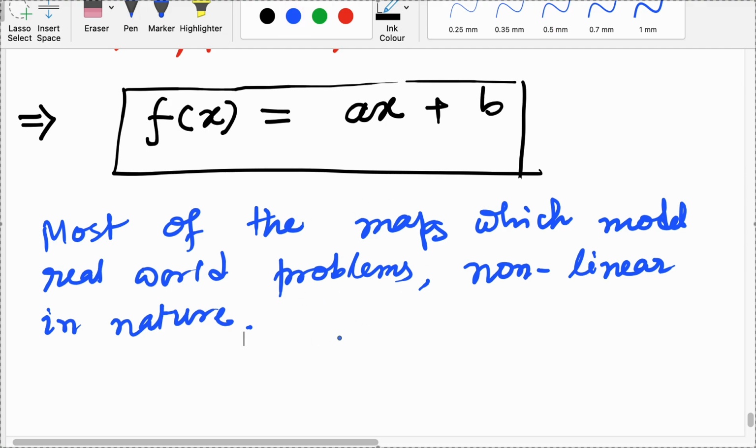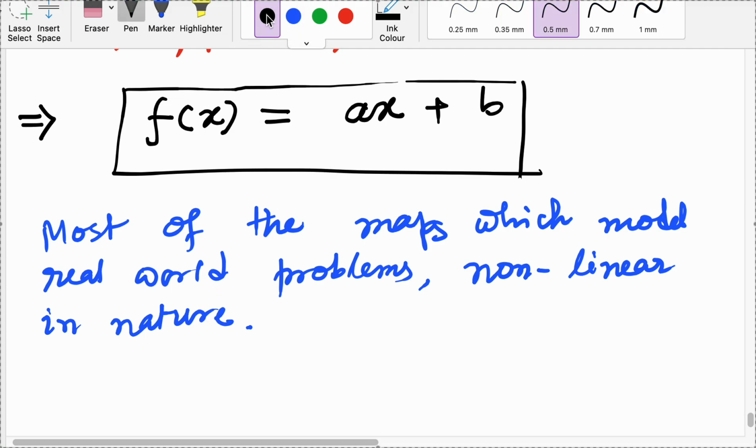But for the linear map, it is very easy. For the affine map and linear map, it is very easy to check whether any initial condition will go towards the fixed point or not. Depending on whether the slope is lesser than 1 or greater than 1, we can easily say what the fate of the system is.